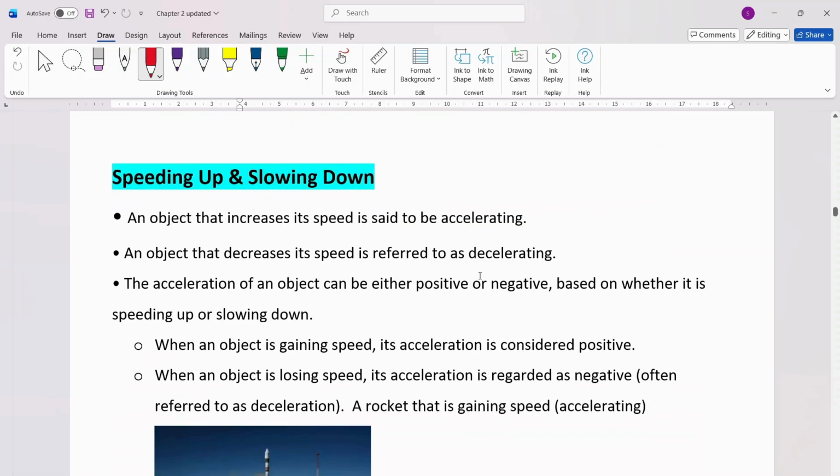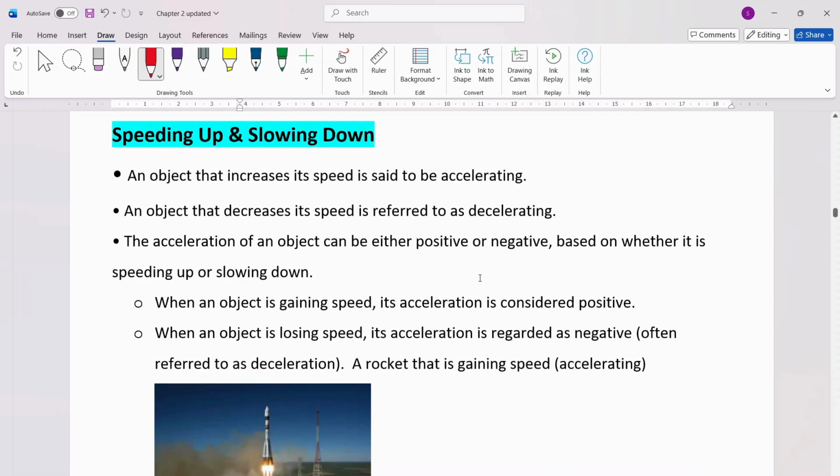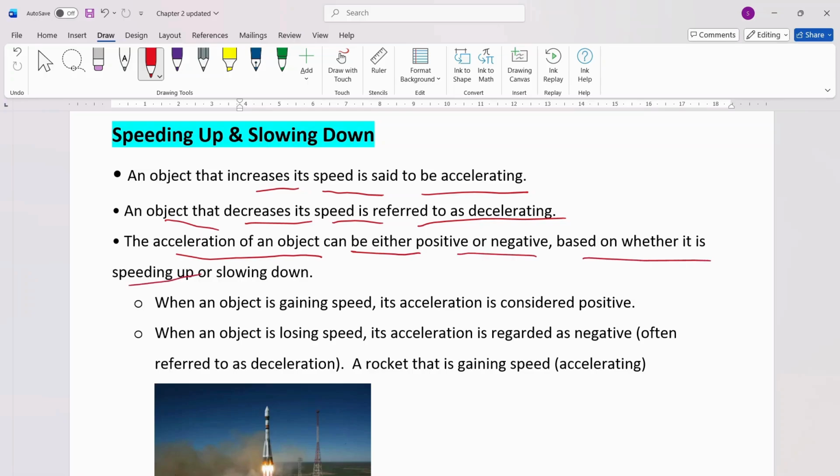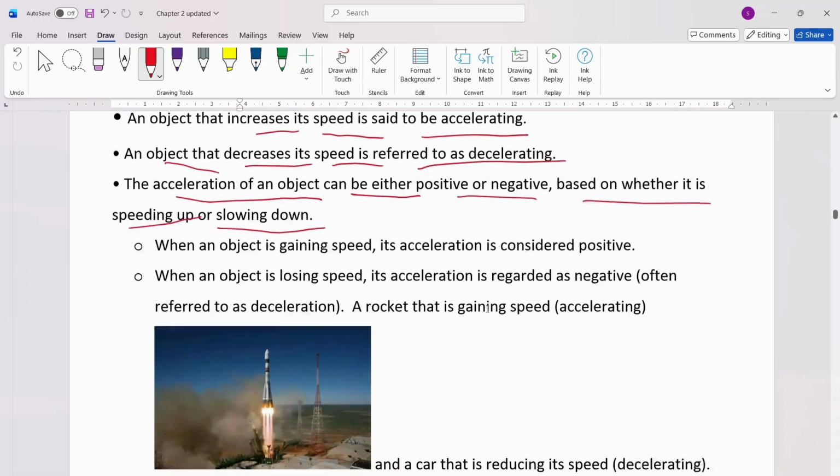Let's discuss speeding up and slowing down. An object that increases its speed is said to be accelerating. An object that decreases its speed is referred to as decelerating. The acceleration of an object can be either positive or negative based on whether it is speeding up or slowing down.